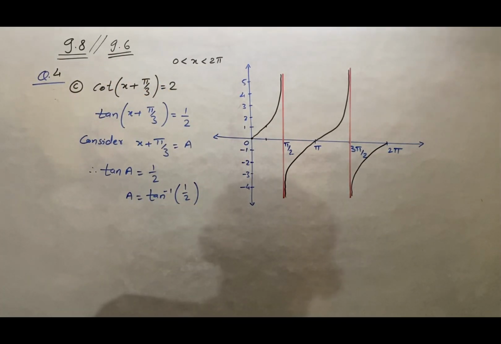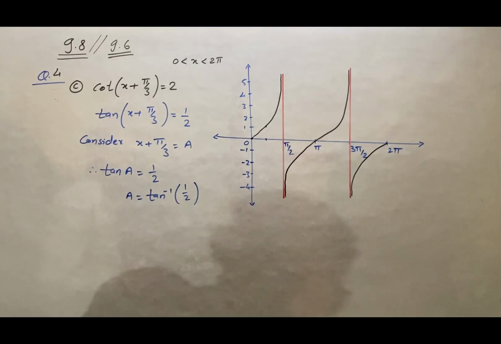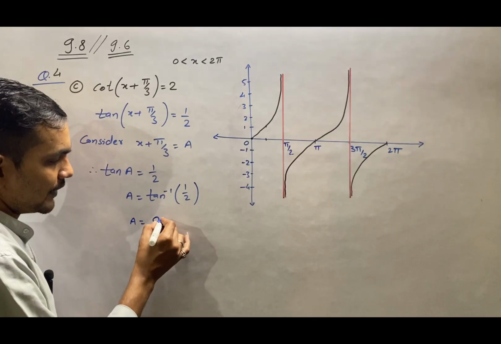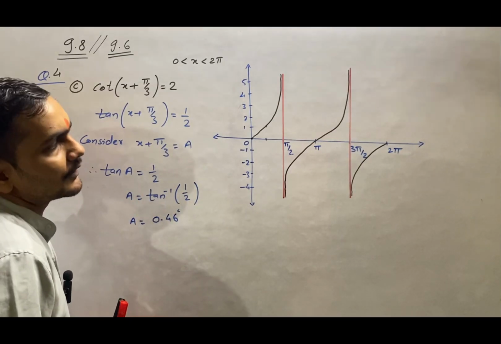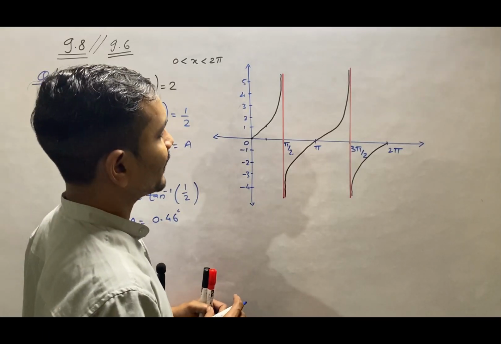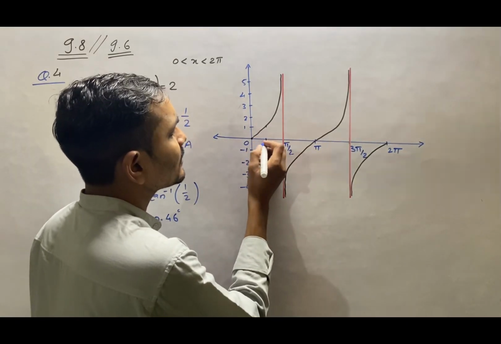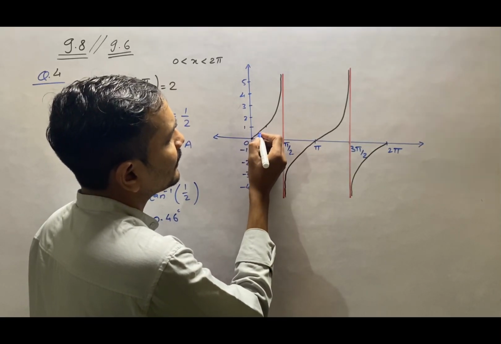So now tan inverse of 1 over 2, tan half, is 0.46 radian. So 0.46 radian we will assume somewhere here.